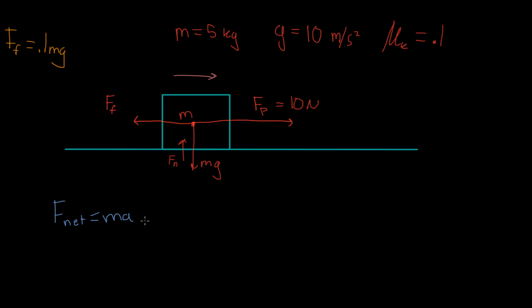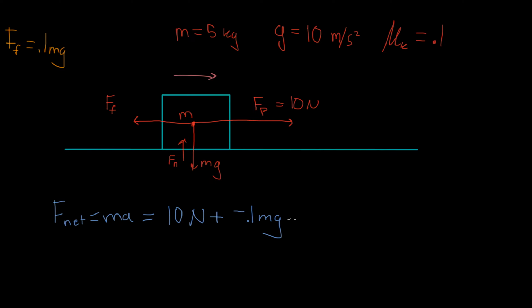From Newton's second law, we know that F net is going to be this 10 newtons from the force that's pushing on it minus, this is really important, the force of friction. Because remember, the force of friction is going in a different direction. And it may even be better to say plus negative 0.1 mg, because really, this is going in that direction.